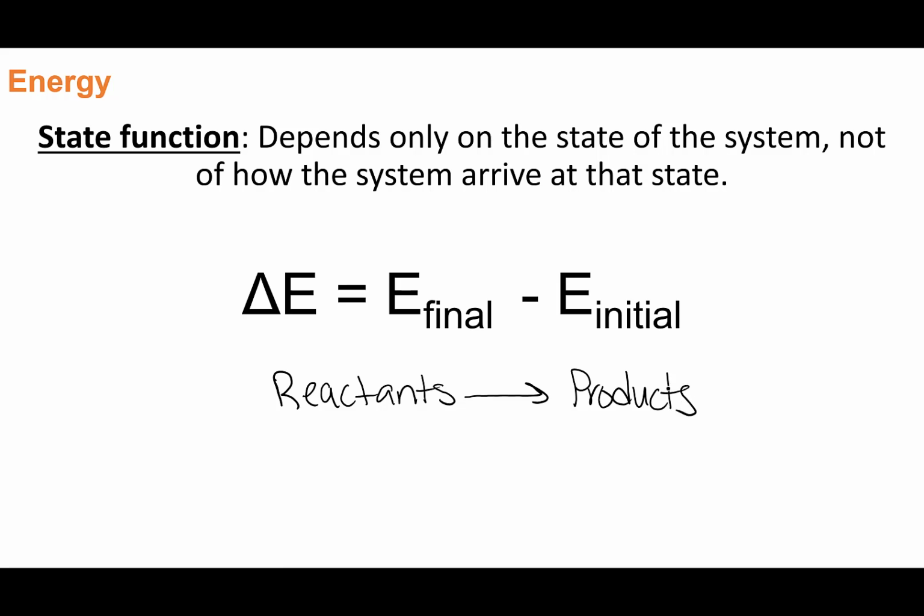So when we're looking at change in energy during a chemical reaction, our final is actually the energy of the products, and our initial is actually the energy of the reactants. So we can change this definition slightly, and instead of saying the change in energy is final minus initial, we could say the change in energy is products minus reactants. That would be an application to chemistry specifically.